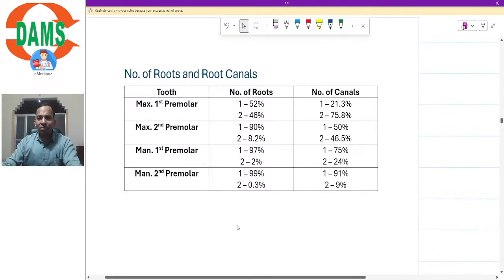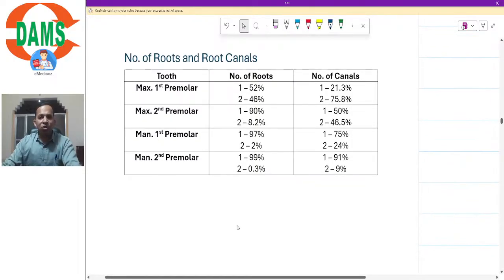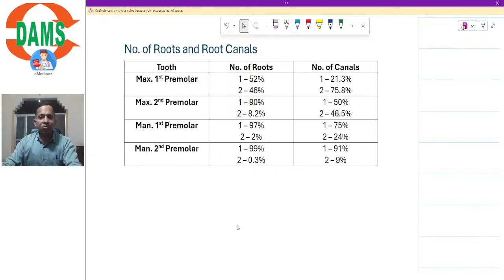Another favorite question used to be about the roots or canals. These days, I don't know if they have asked about these or not, because I haven't seen many questions on these. So usually, they'll ask you questions like which of the following teeth have the maximum chances of a bifurcated root, or a bifurcated canal, or which of these teeth will have two canals, or two roots, right?